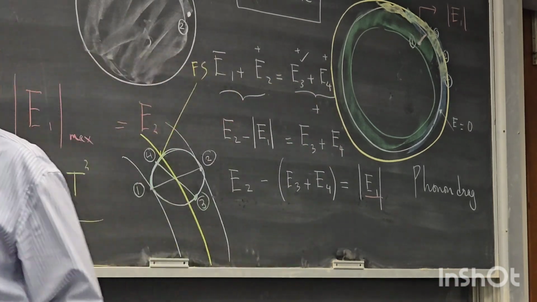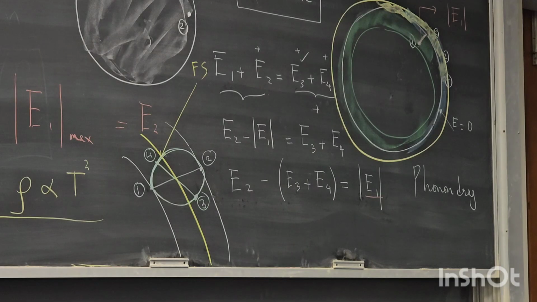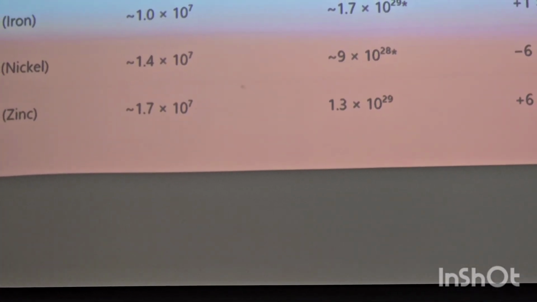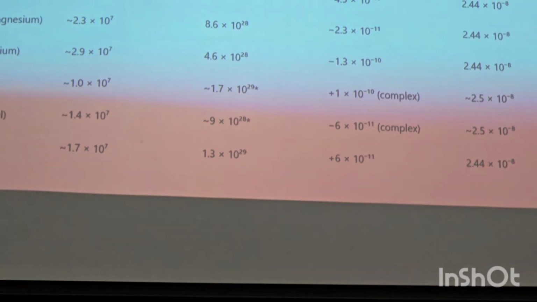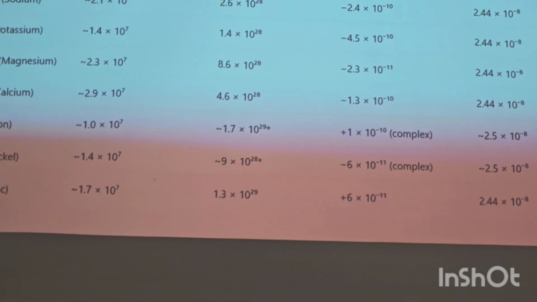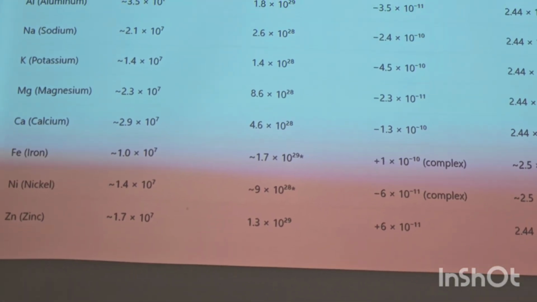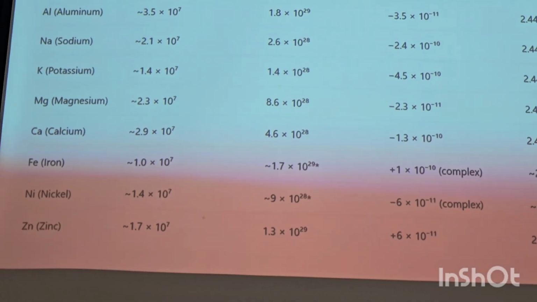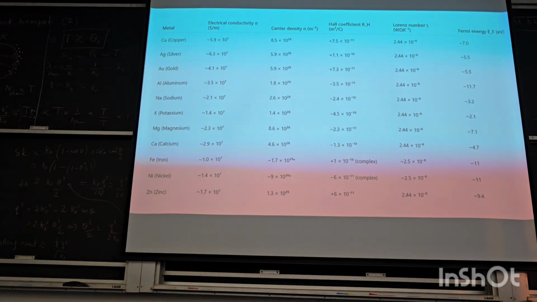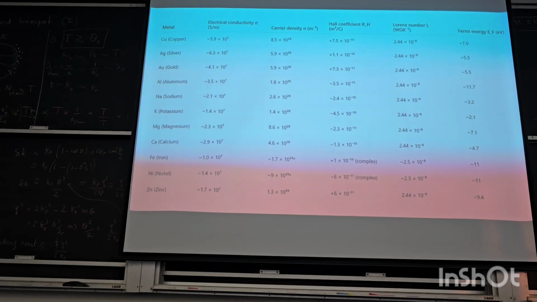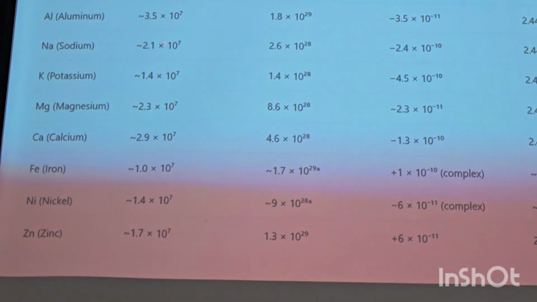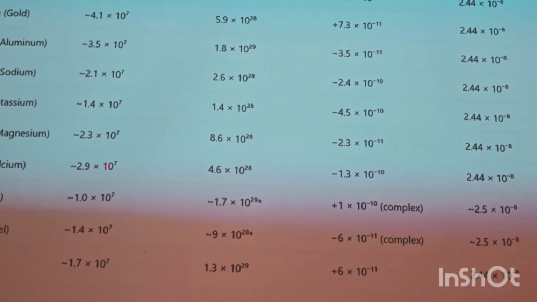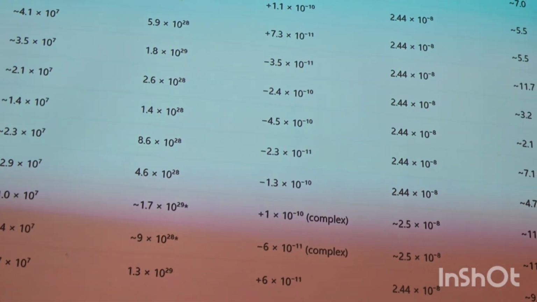Now I'm going to show you some real plots of resistivities and thermal diagram here. This is a very interesting table. What I've done here is, these are different metals, starting from copper, silver, gold, etc. Their electrical conductivity is, all of them, of the same order, 10⁻⁷ in these units.